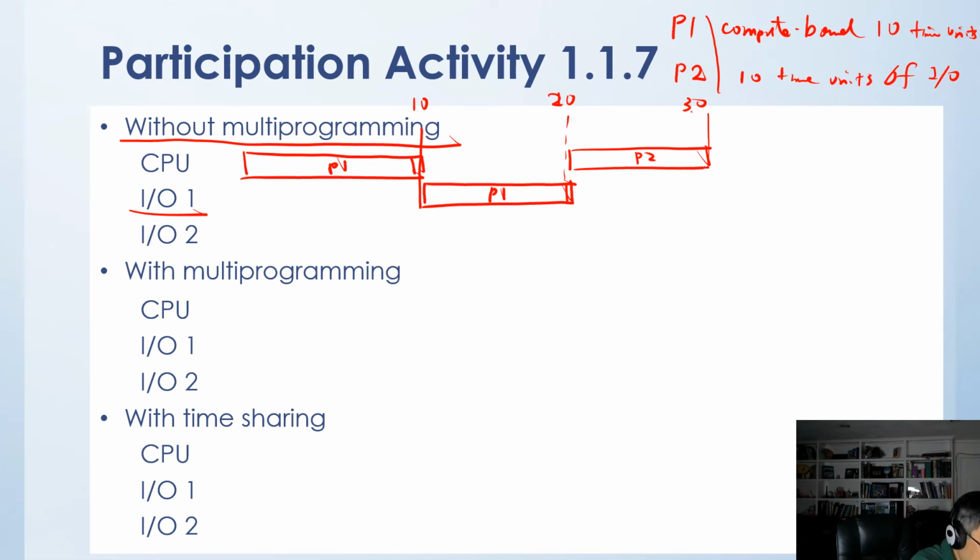Once P2 completes the CPU operation, it is followed by the I/O operation, in this case IO2, for another 10 time units. So it finishes at 40. What's the total operation time? 40, right?